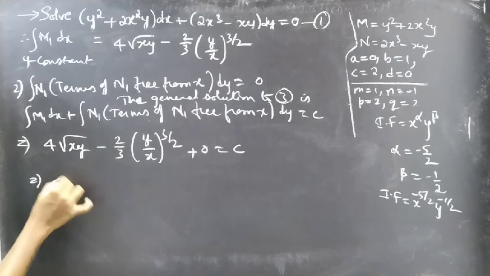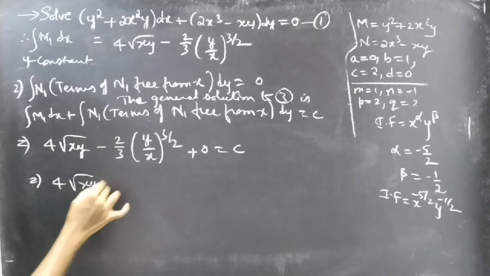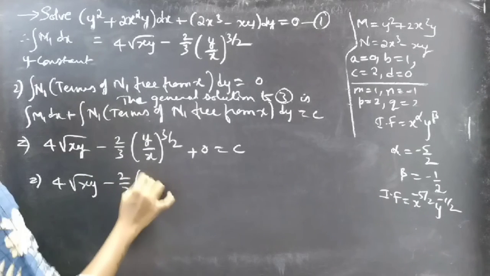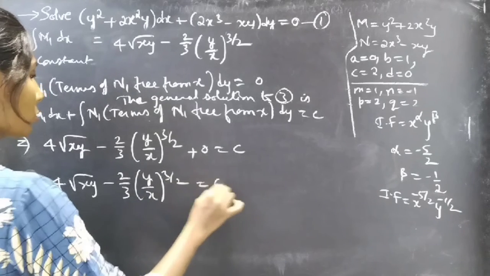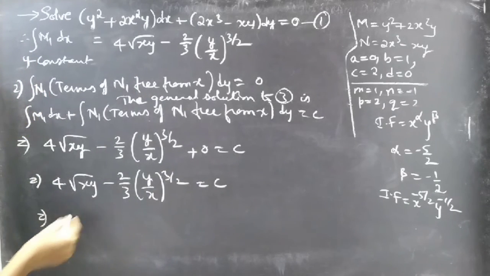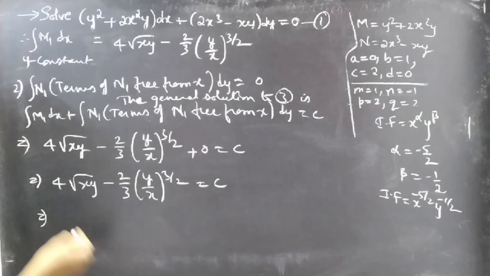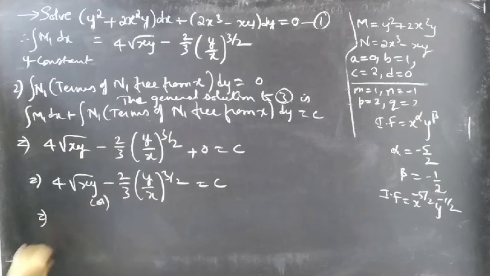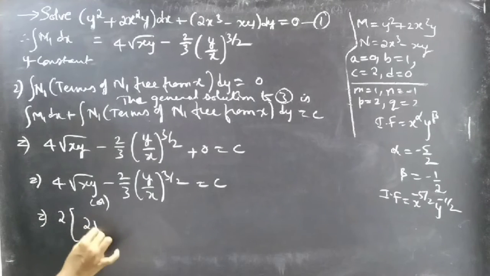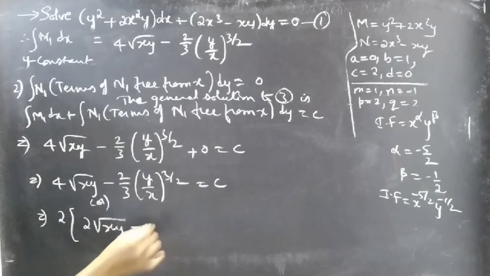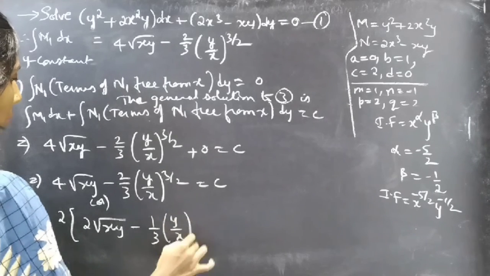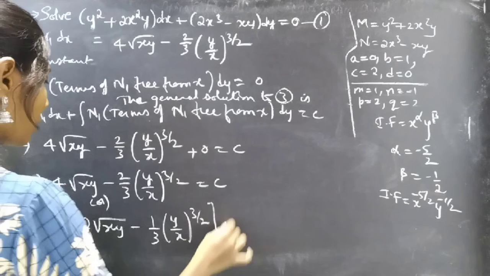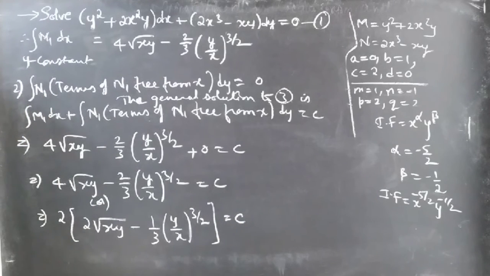Which gives us 4 into square root of xy minus 2 by 3 into y by x whole power 3 by 2 equals c. Now we can just consider it as the equation, or take 2 common from these two terms, we'll get 2 times 2 root xy minus 1 by 3 into y by x whole to the power 3 by 2 equal to c.